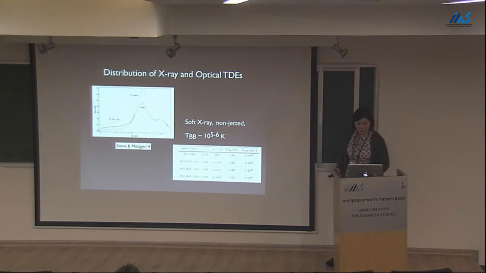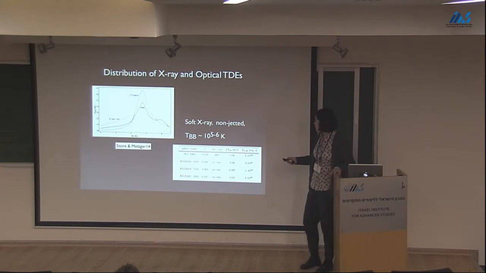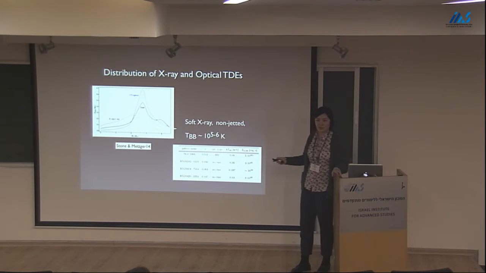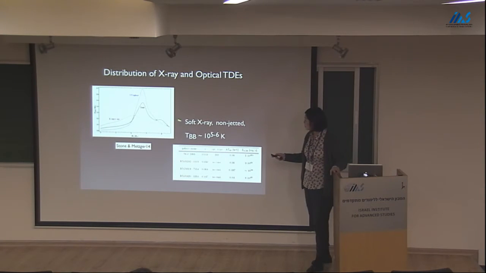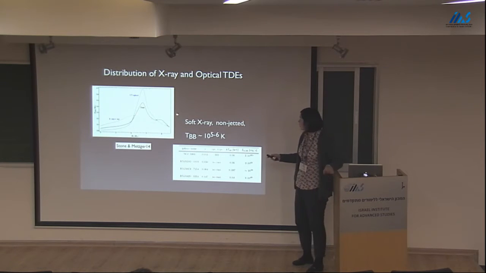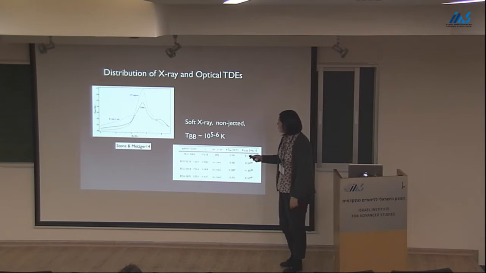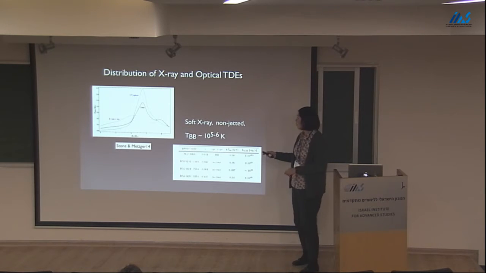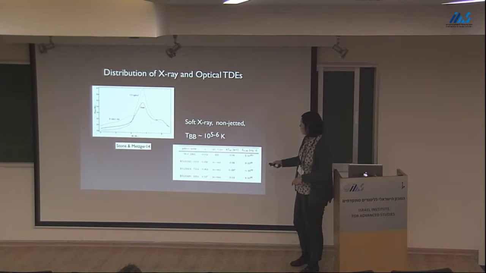So before I start my theoretical talk, I would like to show you a very nice figure plotted by Stone and Metzger. Here is the distribution of a bunch of TDE samples. I'm sure he's going to talk about this more tomorrow on Thursday. It seems the UV optical TDEs are more concentrated around black holes of mass a bit less than 10 to the 7 solar masses.